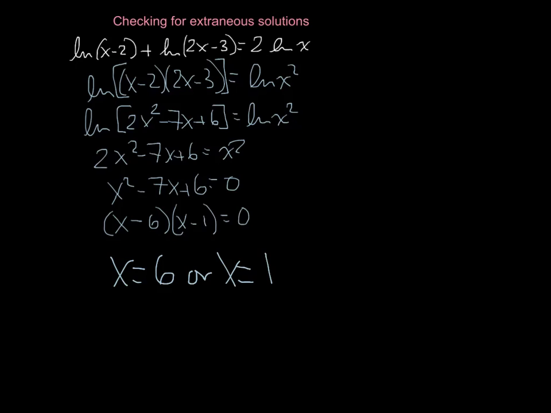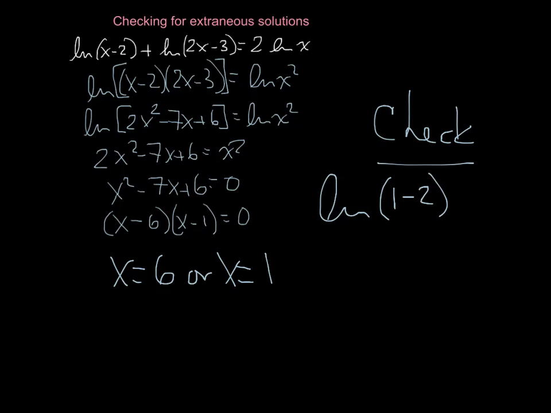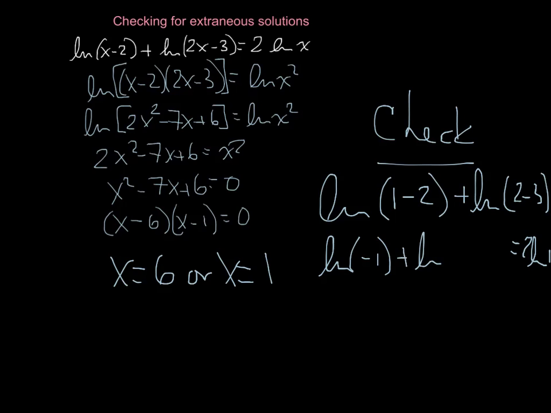I'm going to check 1 and plug that back in to show you what can be the problem. When I plug 1 in, I get the natural log of (1 minus 2) plus the natural log of (2 minus 3) equals 2 natural log of 1. The biggest problem here is that I have a natural log of a negative number in 2 cases.